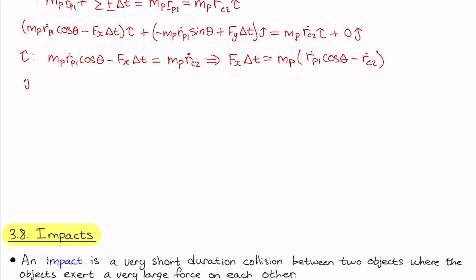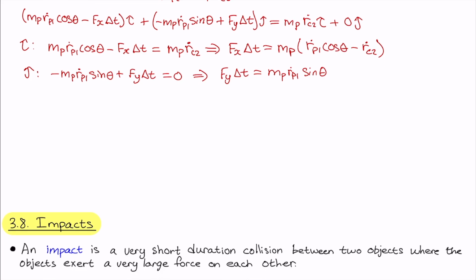Now for the j direction, we're going to get here minus m_p r_p1 dot sine theta plus Fy delta t, and that's equal to 0. So we can solve for that impulse: Fy delta t equal to m_p r_p1 dot sine theta.